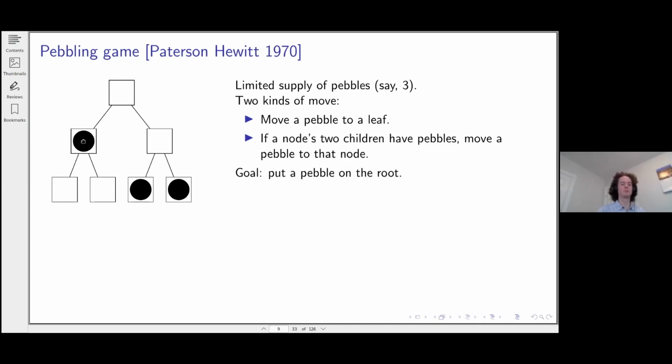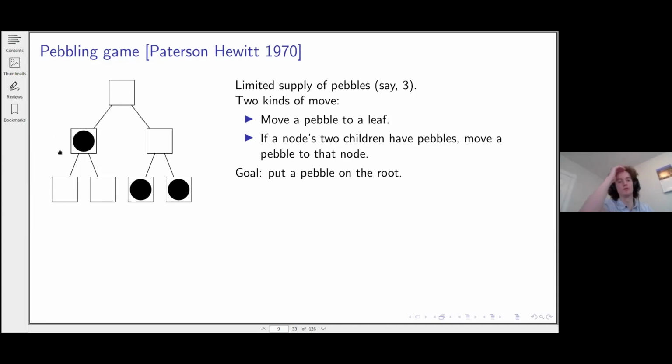I'm going to put 2 pebbles on the rightmost 2 leaves, and now we're ready to put a pebble on the right child of the root, and we have an important decision to make. The decision is, which of our 3 pebbles should we move to the right child of the root? The answer is basically just make sure you don't take the pebble that's on the left child of the root.